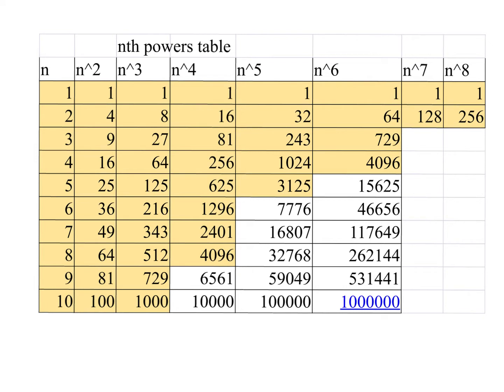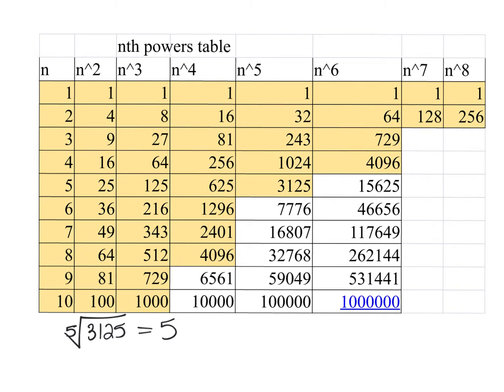So when I'm asked for the fifth root of 3,125, I'm going to go to the fifth power column, find 3125, and then the answer is 5. So the fifth root of 3125 equals 5. Yes, write that down.